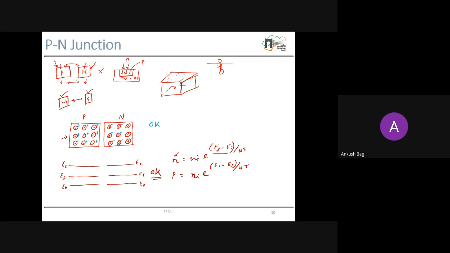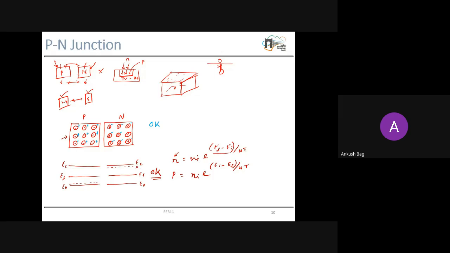But still, based on the doping concentration, we'll have the acceptor energy level here, but there is no hole or carrier transition because this is at 0 Kelvin. Here we'll also have ED, but there is no carrier transition.